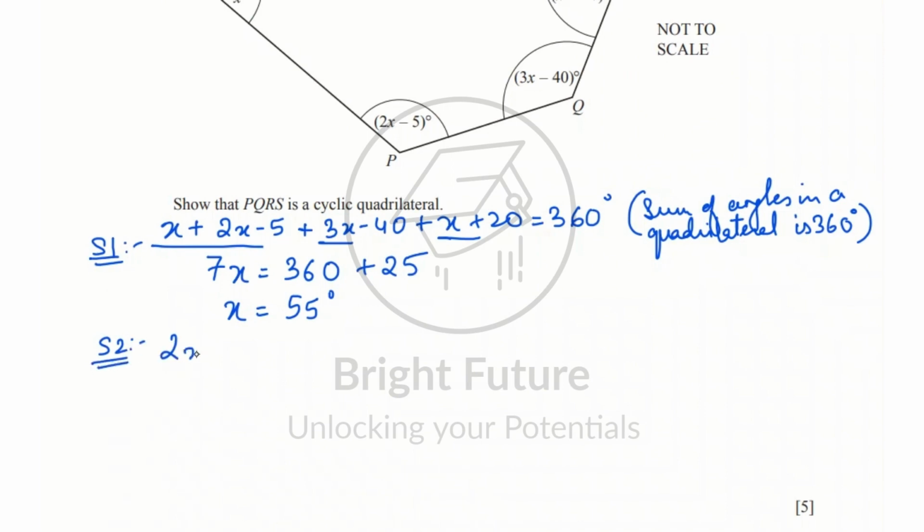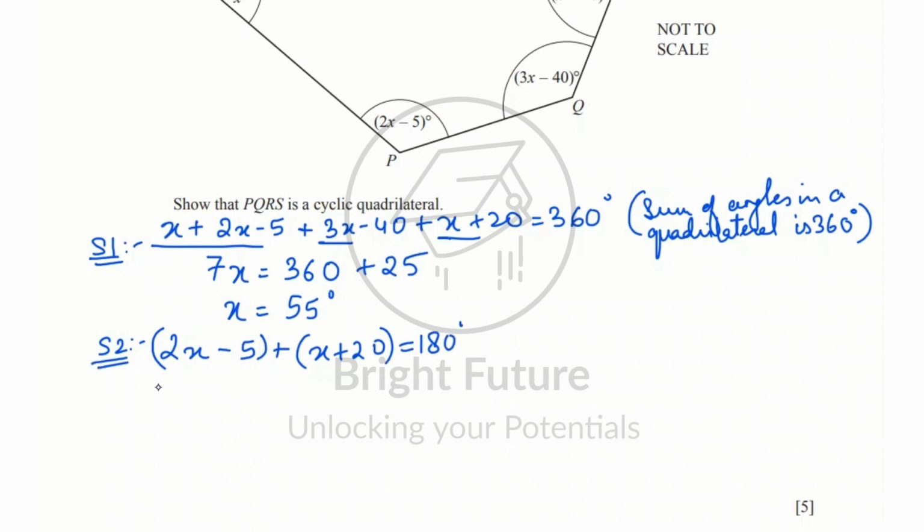So 2x minus 5 plus x plus 20 should add up to 180, right?